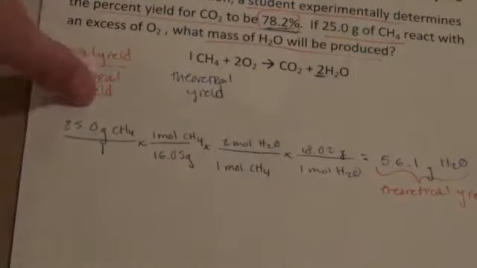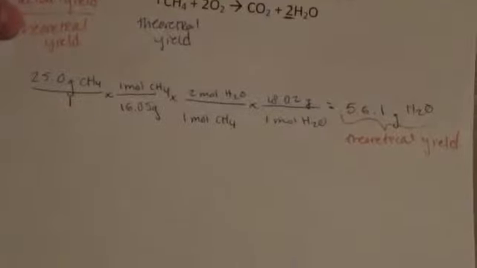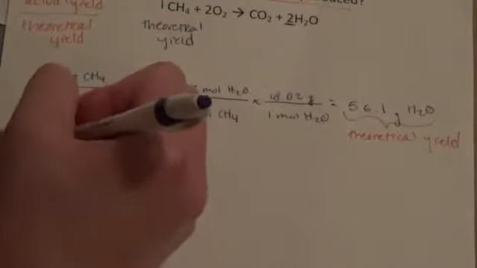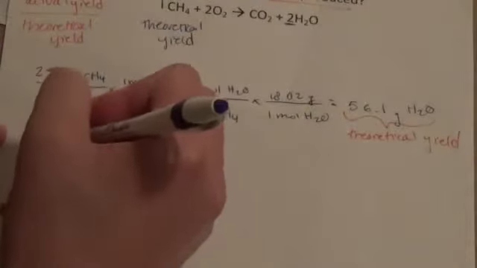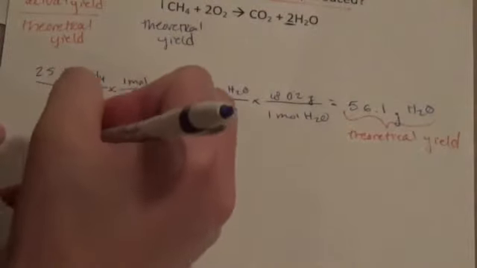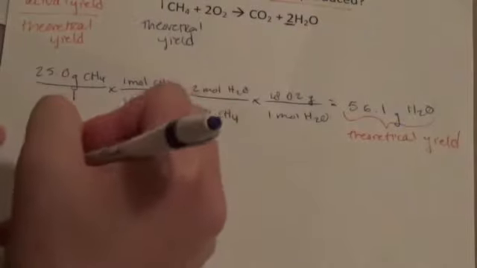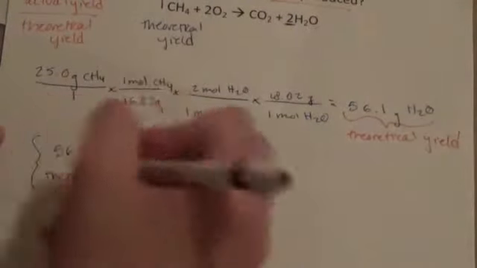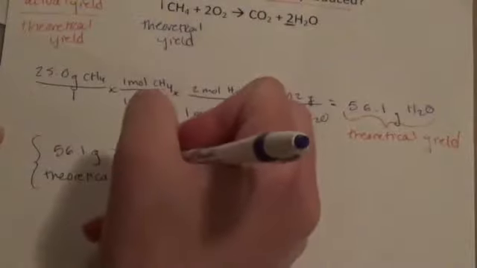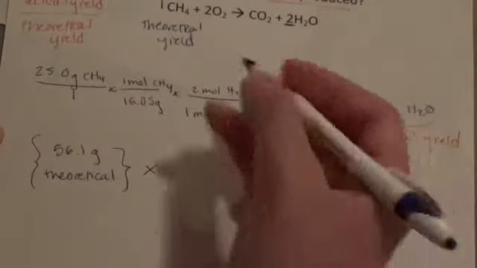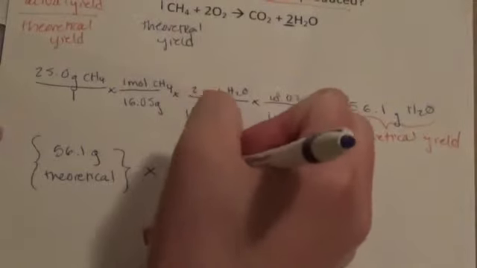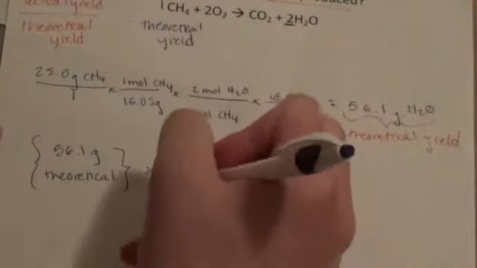So from here, now that we have our theoretical yield, we can take the number we got, the 56.1 grams, which is our theoretical, and multiply it by the percent yield, which is our 0.782.